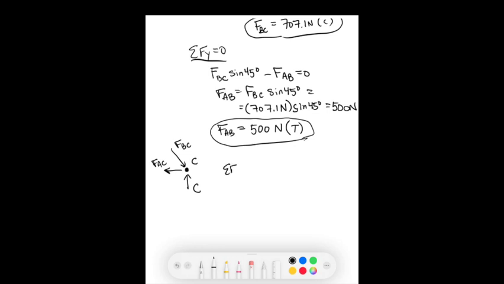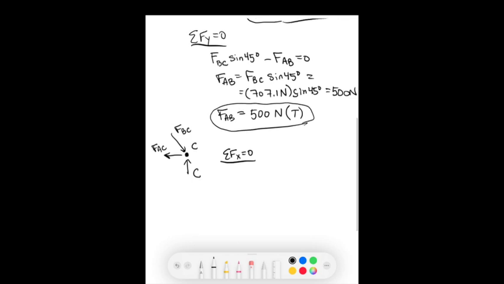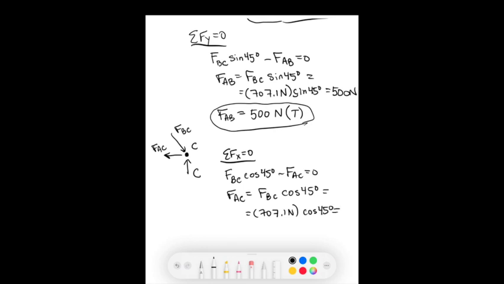If we set this up in the x direction, we're able to ignore this reaction since it only acts in the y direction. So we don't have to solve for it, and that's convenient for us. We'll set it up and solve for this in the x direction. When we do that, we find an answer of 500 newtons.